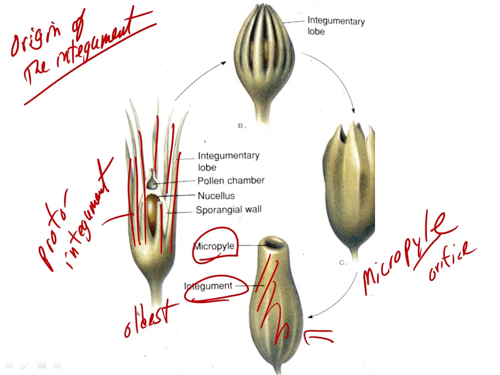There's a little upgrowth around this reproductive structure, and that upgrowth then is going to, over time, in different species (this isn't a developmental sequence of the same species), get the integumentary lobes fusing and defining this almost completely mature, normal integument. And then this last one is very similar to what we would see in gymnosperms today. So this extra upgrowth is probably from the megasporophyll. Certainly from the megasporophyll.